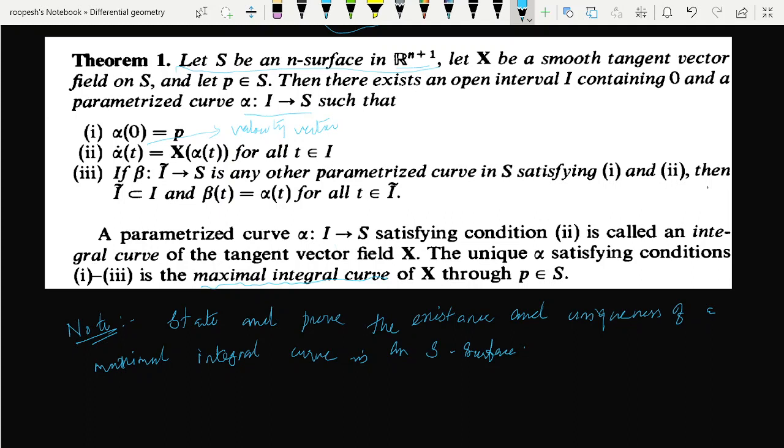Evidently this belongs to the tangent plane, so X of alpha of t is a tangent vector for all t belonging to I.